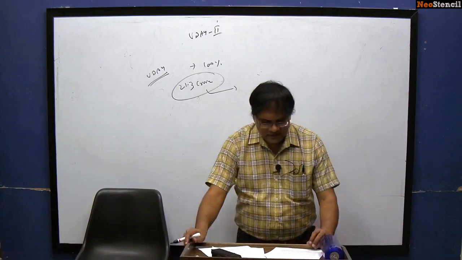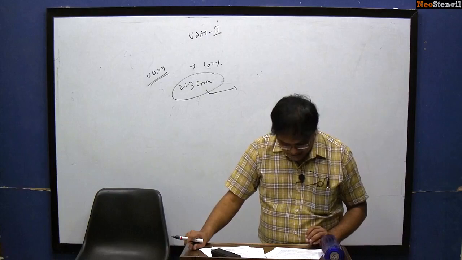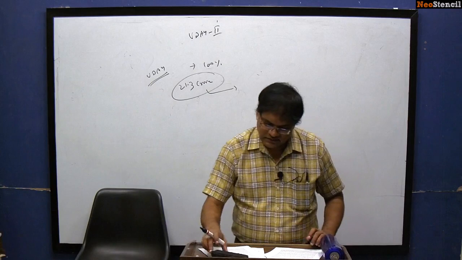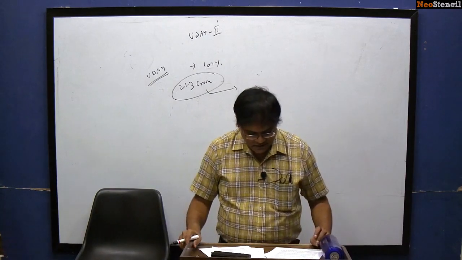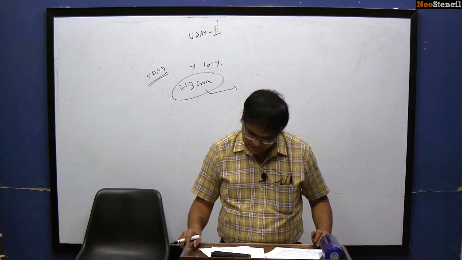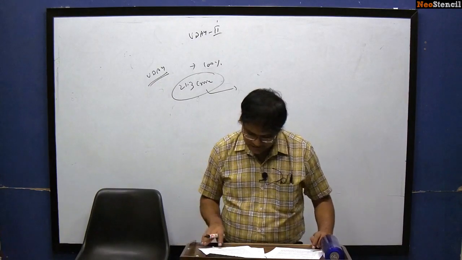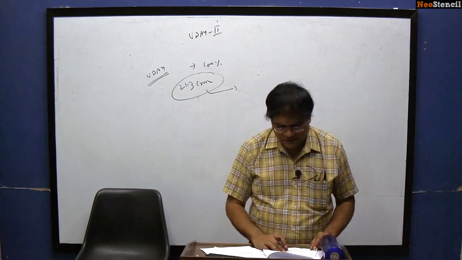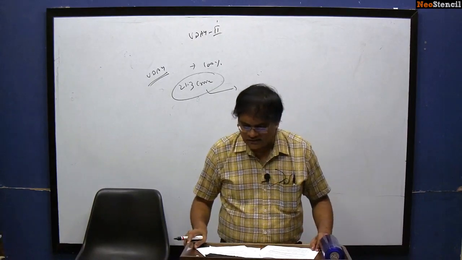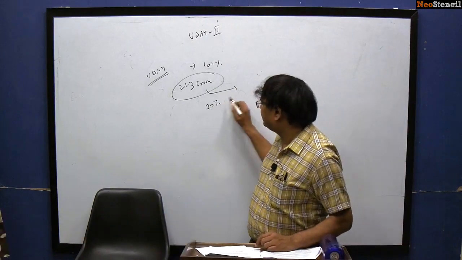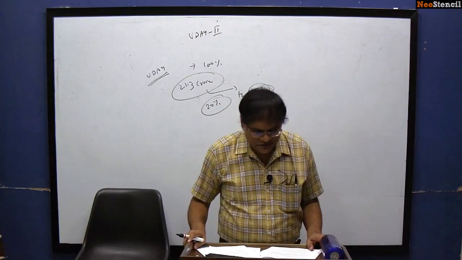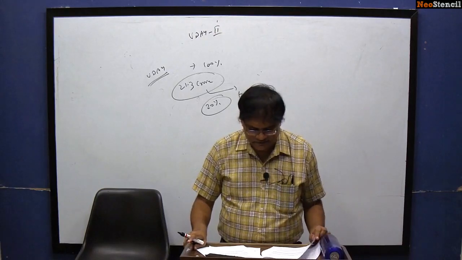Through Uday, the state governments' debt has been reduced from 20% to 18%.